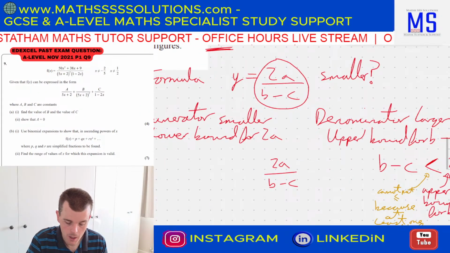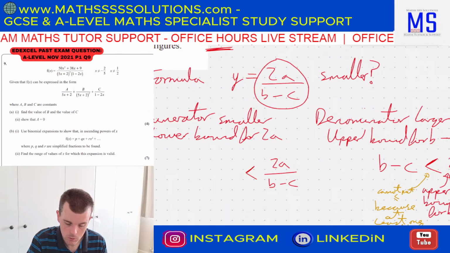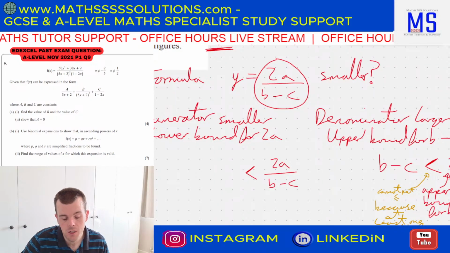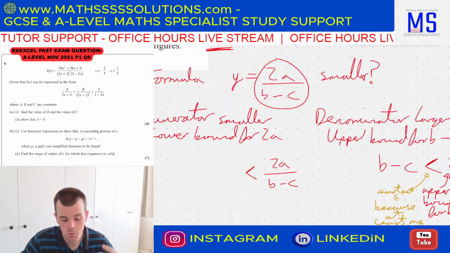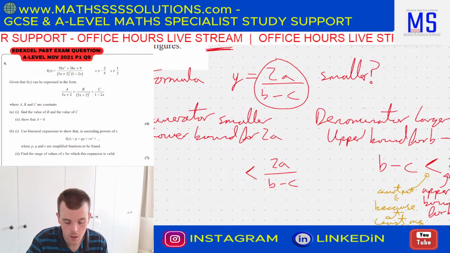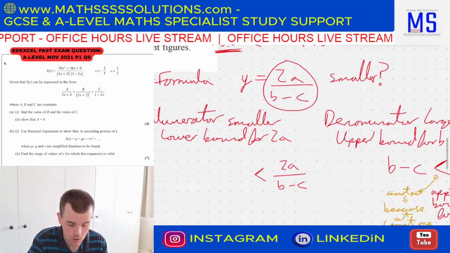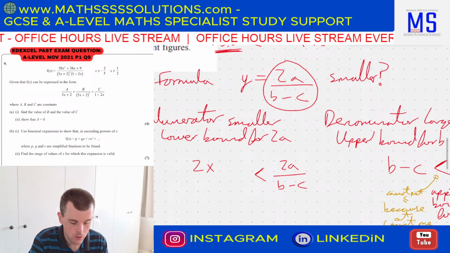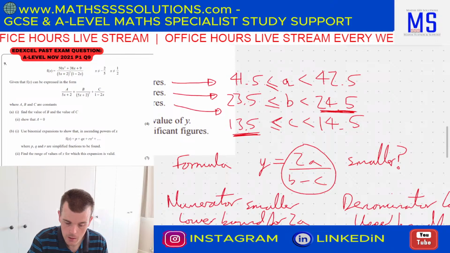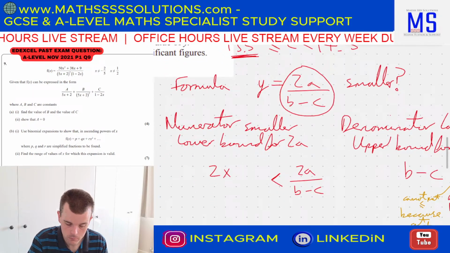So 2a over b minus c. You're trying to find a lower bound, so you're trying to make it as small as possible. So that means you make 2 times, when you times things together, you just times the smallest ones together. So it's 2 times the lowest value for a. So the lowest value for a is 41.5.